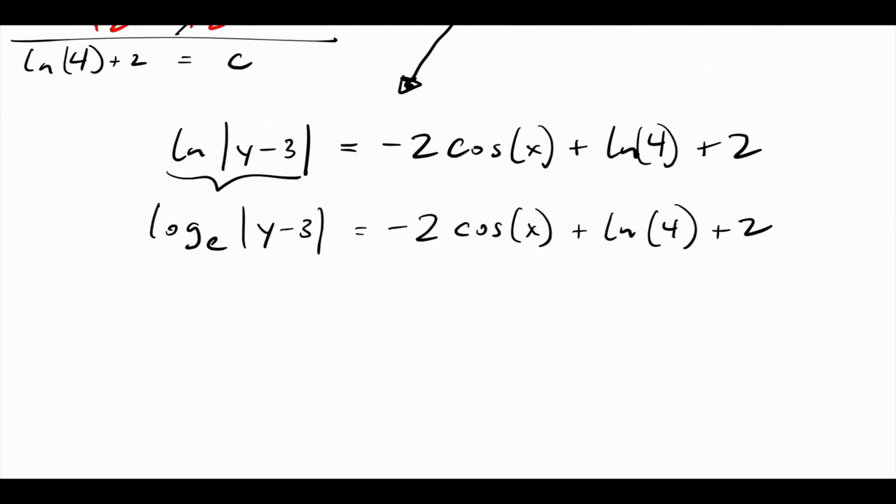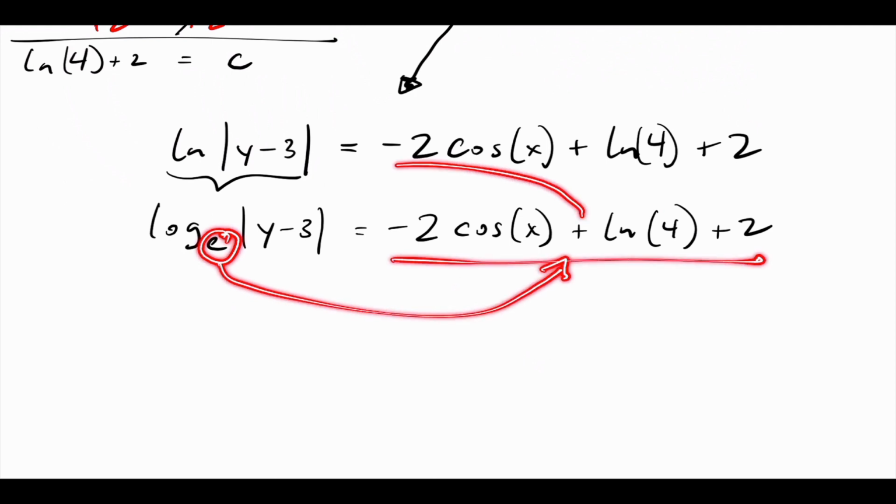Okay, that's the first step. What's the second step? Right now it's in log form. How do I know it's in log form? Because it's got a log. I have to change it to exponent form. Exponent form starts here, goes here, and then here.